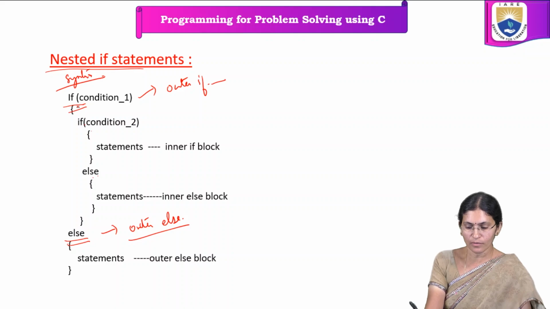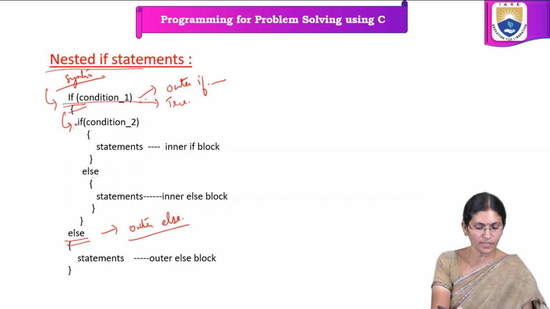So let us see how the program control is transferred in this case. If condition 1 evaluates to true, then the control is transferred here.